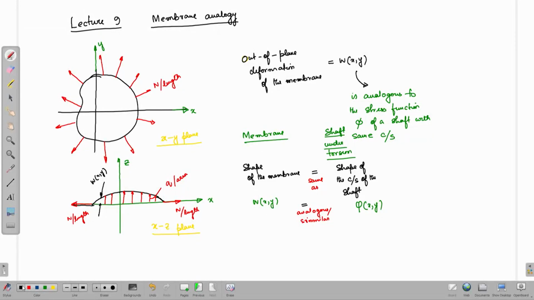Now, our next job is to see why they are analogous. We need to mathematically derive and show that they are analogous. Let us attempt to do that. Let us consider a small elemental area of the membrane which has a dimension of dy and dx. So, I am just considering a small elemental area in the membrane.